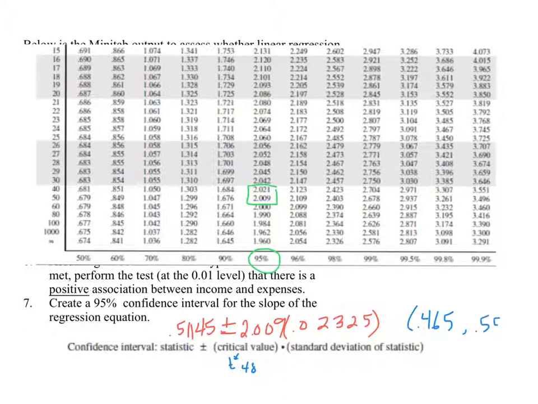So we are 95% confident that the true slope lands somewhere in there. The biggest thing I want you to see here is that all of these confidence intervals follow the same formula: statistic plus or minus that critical value, either t or z, times the standard deviation or standard error. We were able to fill in most of that from MiniTab, and then we just need to use our chart to get our critical value.